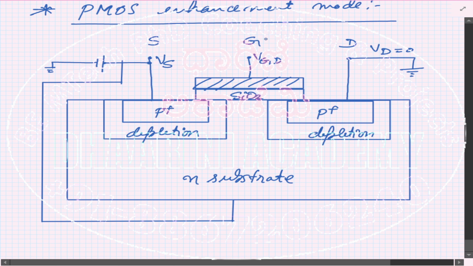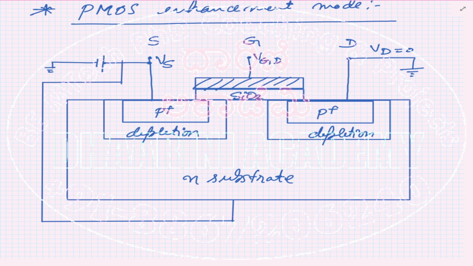And as this VG or VGD reduces, more and more positive charges come and accumulate below the SiO2, right? That is going to form the channel between the source and the drain. Are you okay? Yeah. Right.